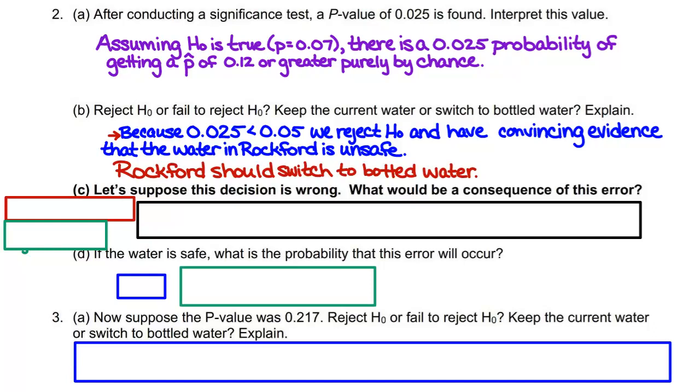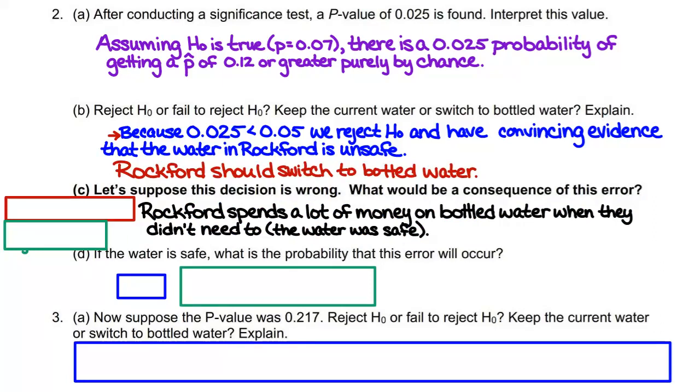They're going to have to spend a lot of money on bottled water for everyone. That's exactly right. They're going to have to spend a bunch of money on bottled water. Did they need to? No. We gave this recommendation, but it turns out that it was in error, so they spent a bunch of money on bottled water and they didn't need to do that. So they wasted money. The water was actually safe.